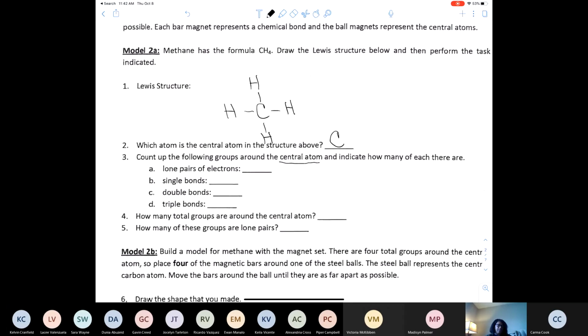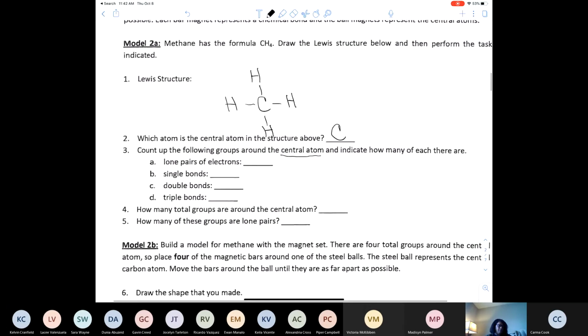Indicate how many of each there are. Do we have any lone pair of electrons around the central atom? No, we do not. How many single bonds are around that central atom?